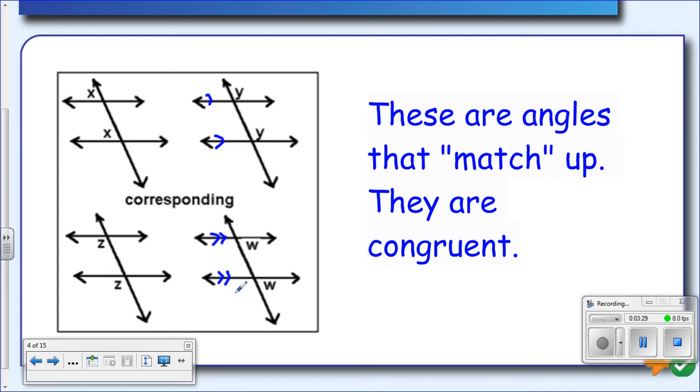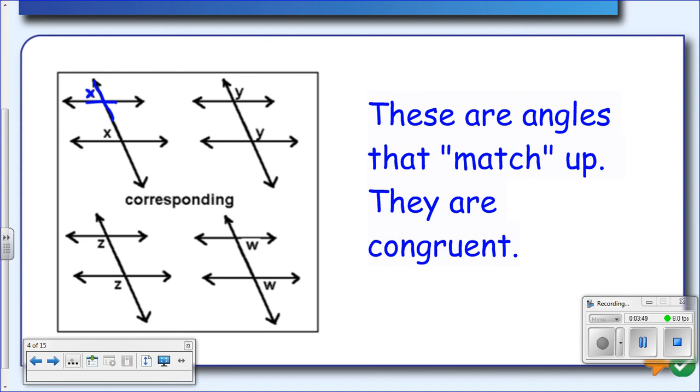Okay, corresponding basically means that if you've got two lines that are parallel, then the angles up on the top actually will match up with the angles on the bottom. So let me see if I can do this here.